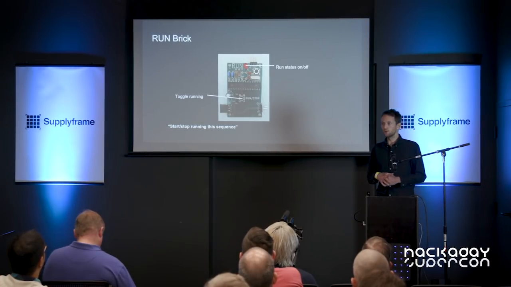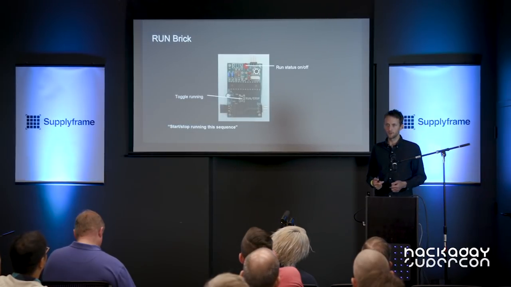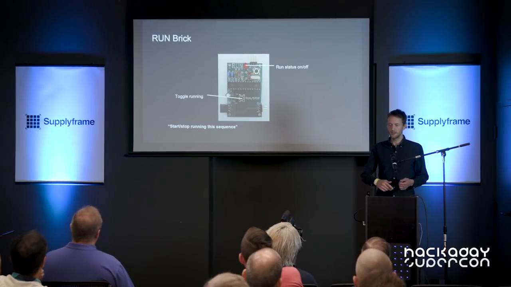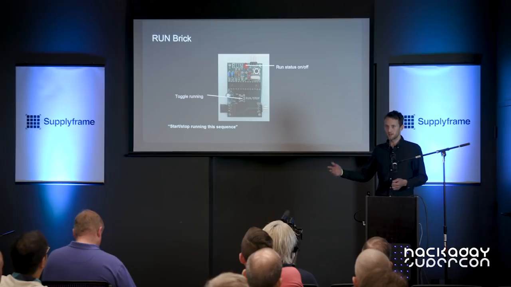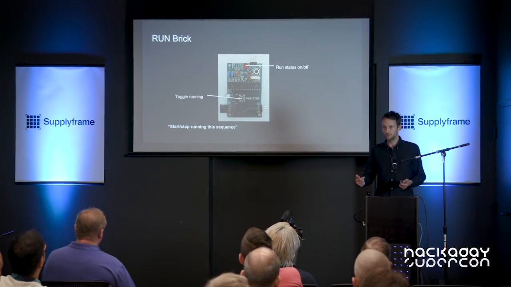And every one of these sequences of blocks needs some way to start and stop it, and that's what the run block does. When you first hit the button on the run block, it emits a trigger pulse to start the chain, so the next one starts executing. The block itself goes into active mode.